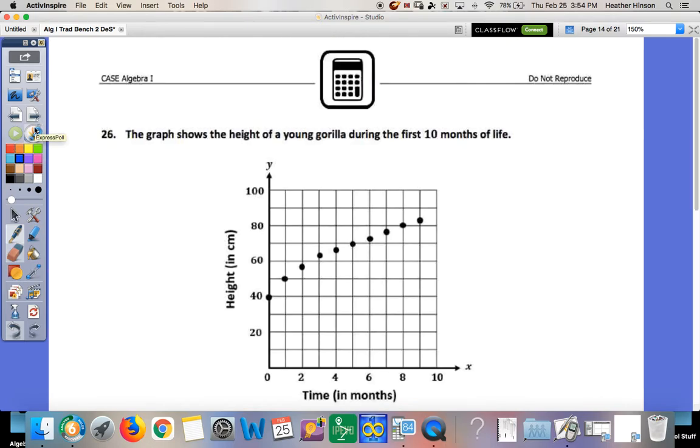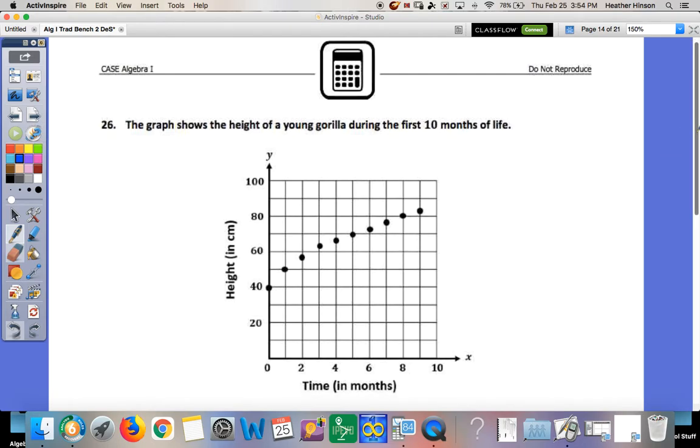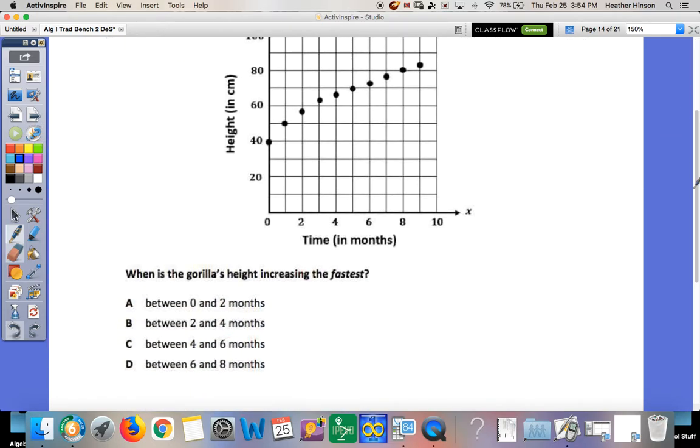Okay, 26. The graph shows the height of a young gorilla during the first 10 months of life. So when is the gorilla's height increasing the fastest? So increasing the fastest just means find your slope between whatever time they ask for. So we want to look 0 to 2, so right here. So it's not exact points, but we're going from 40 to probably 57.